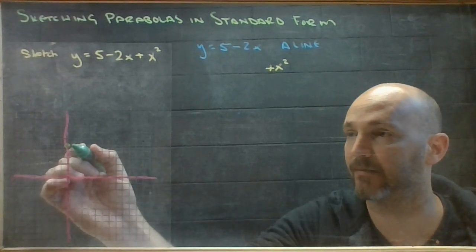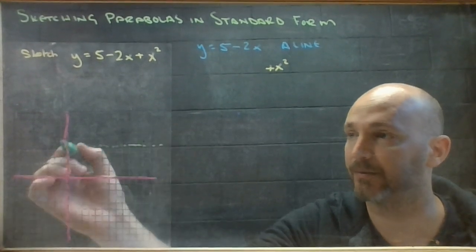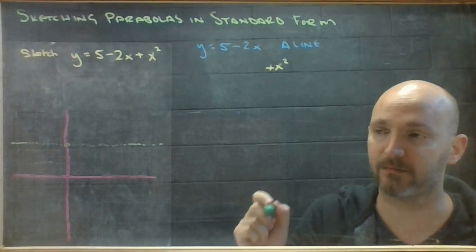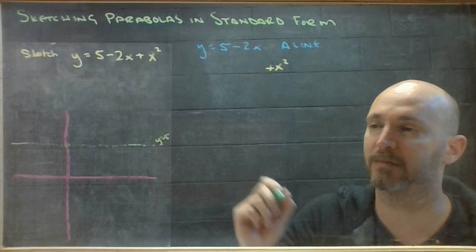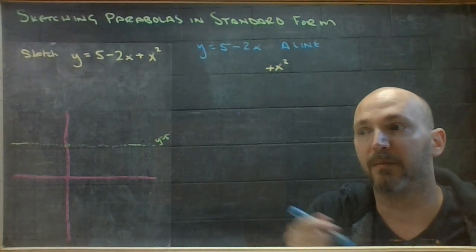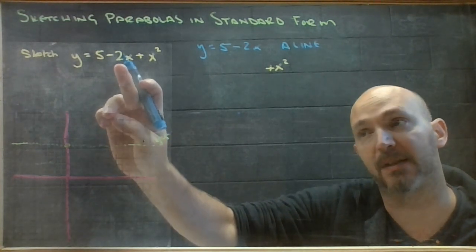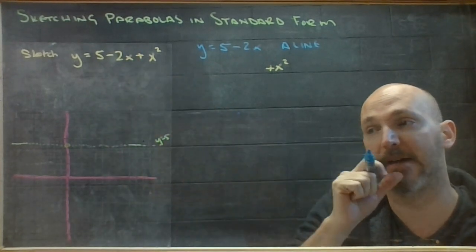And I just dashed across here, like so. I'm just going to acknowledge that is y equals 5. From that, we started taking off 2 for every x value.